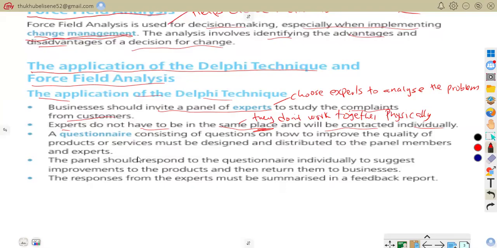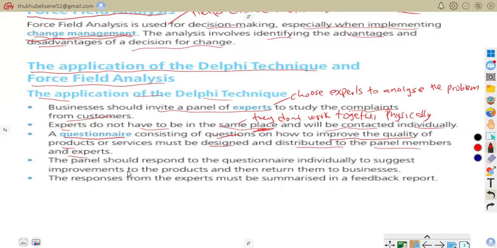Also, it further says a questionnaire consisting of questions on how to improve the quality of products or services must be designed and distributed to the panel members and experts.